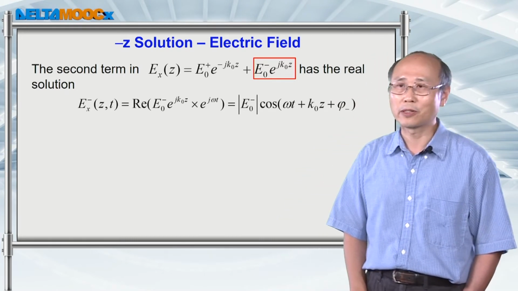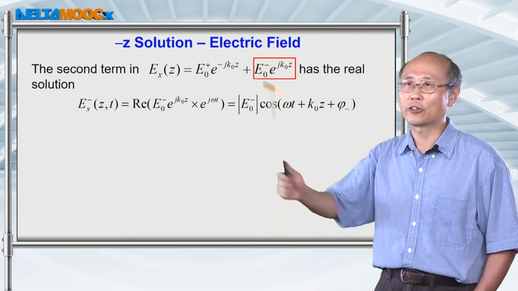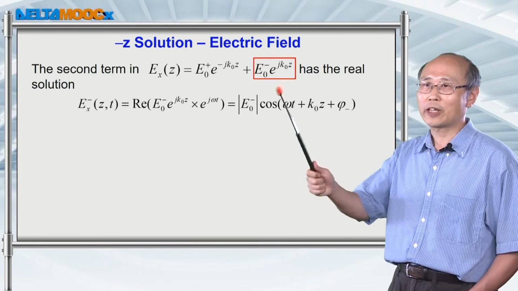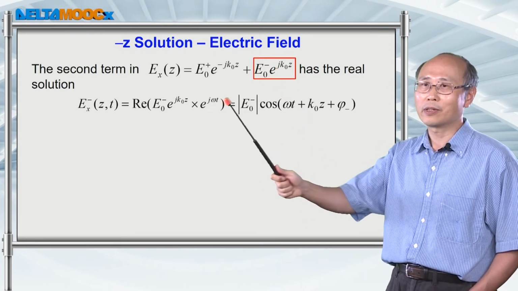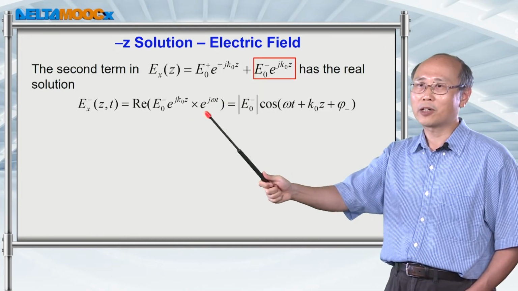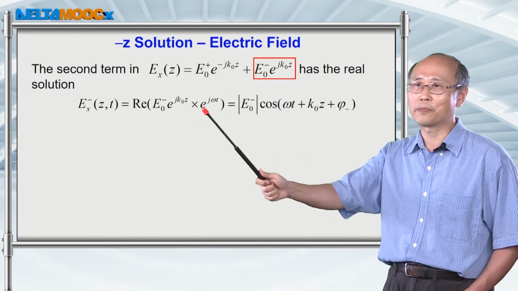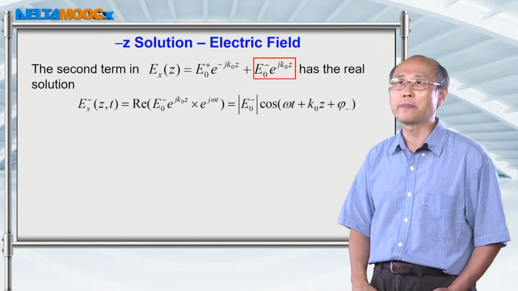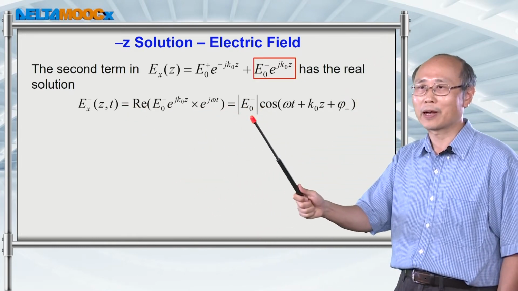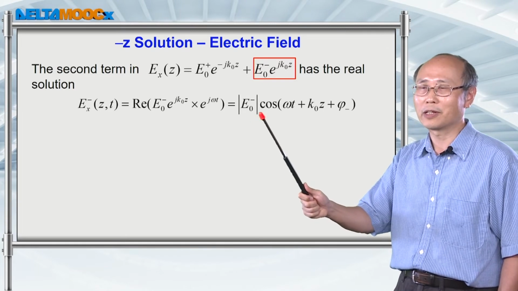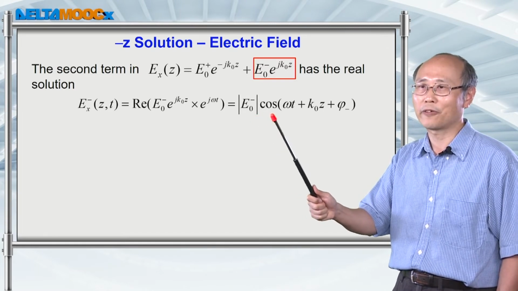Now, let's look into the second term, and you expect that the analysis is going to be quite similar to the analysis for the first term. For the second term, again, you can convert it into a real expression by multiplying with exponential j omega t and take real part of it. Then you end up with this solution with an amplitude and then a cosine function.